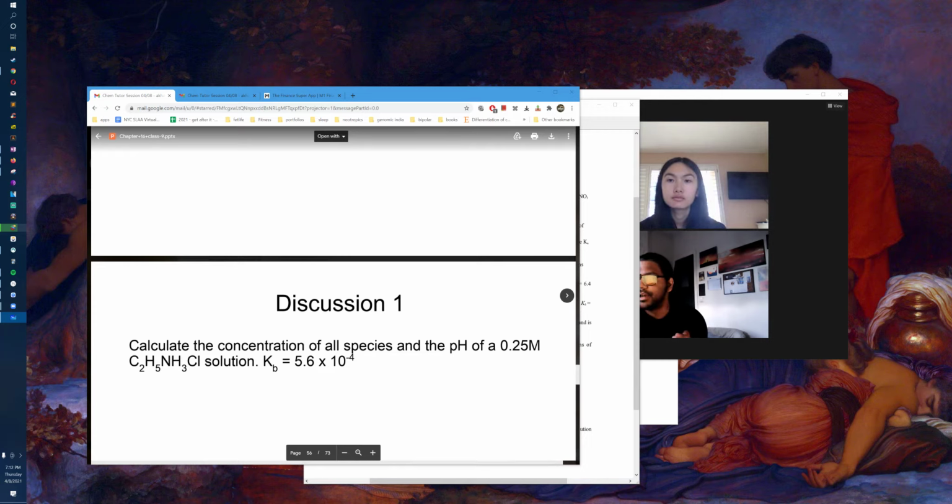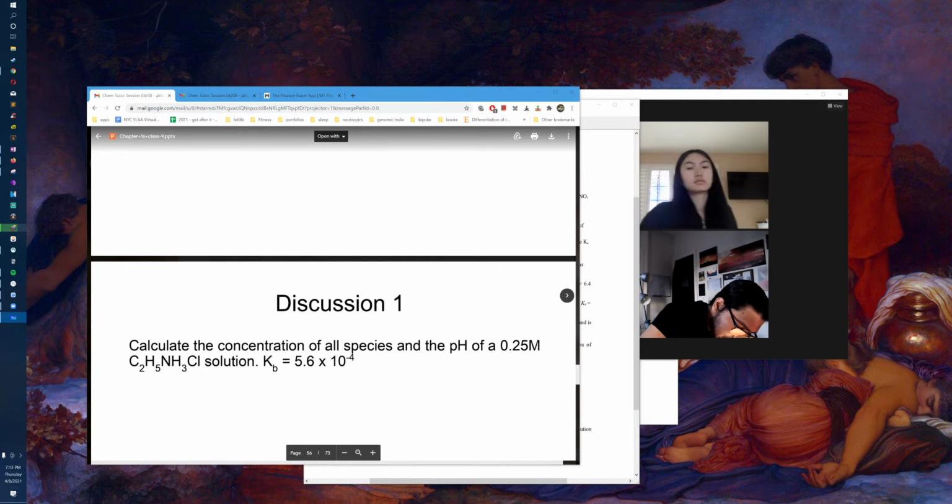Chloroacetic acid, so then it'll break apart into the two things, so I can square that. 11e negative 3 squared. 11 squared is 121. Negative 3 times 2, negative 6. Divided by 10.